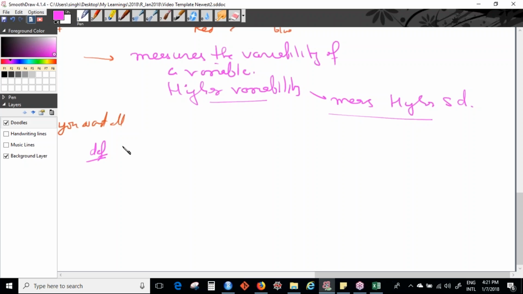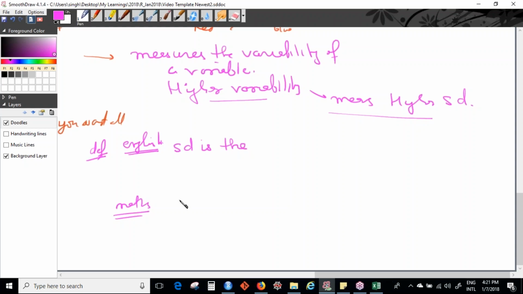So first I will write the definition in English, and then I will write the definition in mathematics. Mathematics has a different definition, English has a different definition. Let me write it in mathematics first, then it will be clearer.